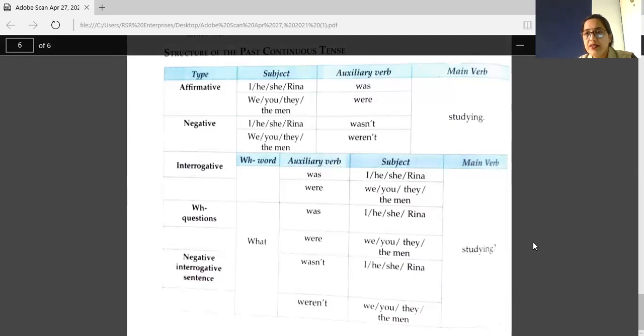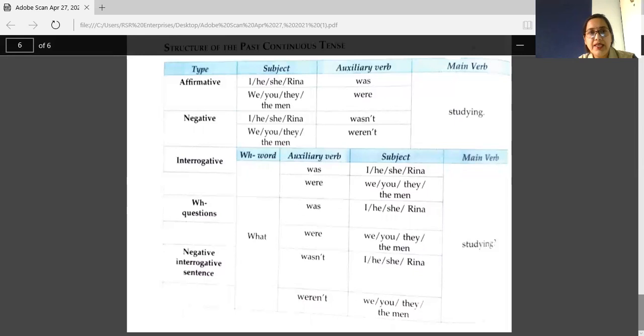So this is the structure of the past continuous tense in affirmative sentence, negative sentence, interrogative sentence with WH words and without WH word, and negative interrogative sentences. I hope you have understood the structure.